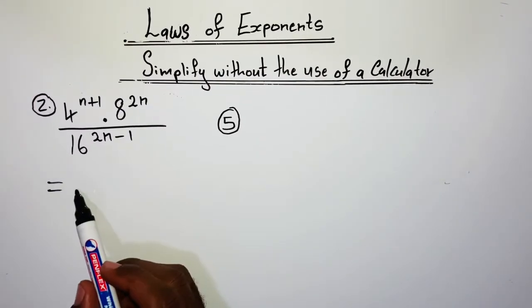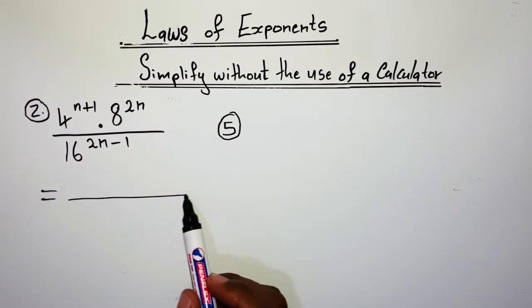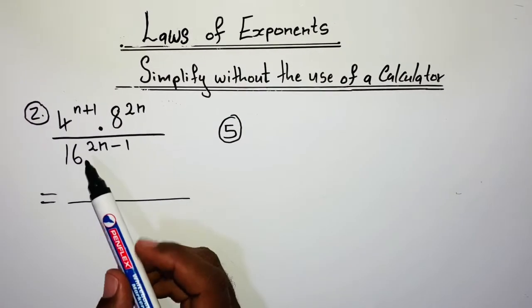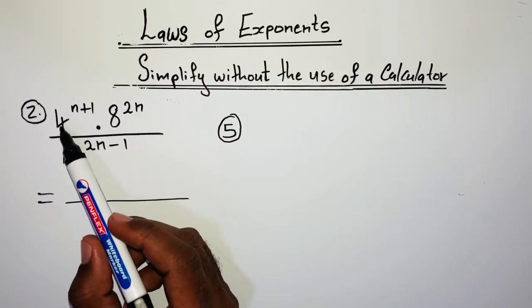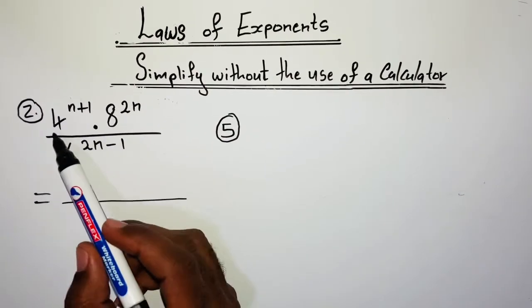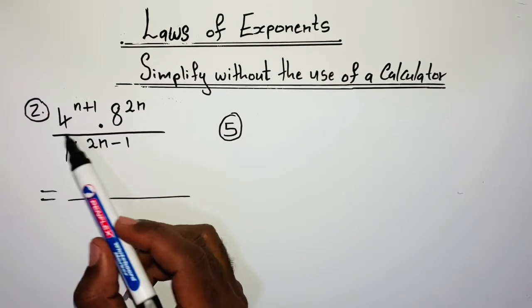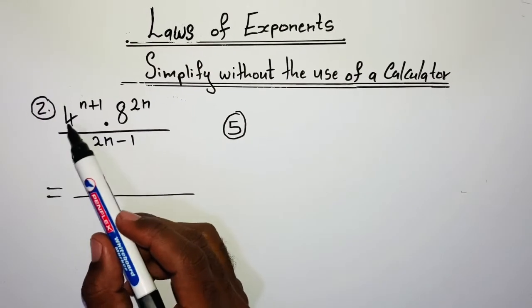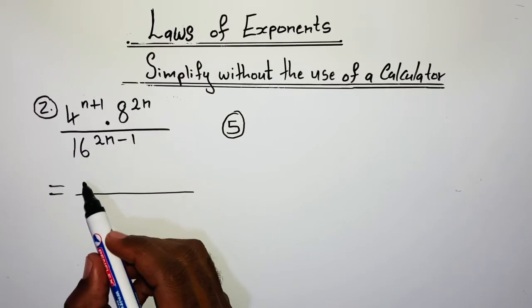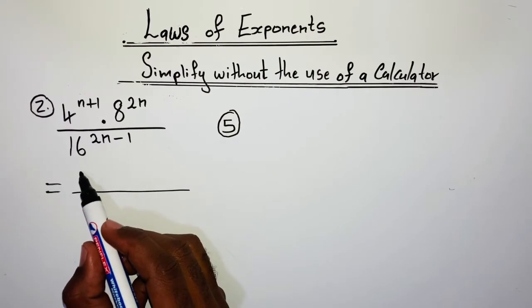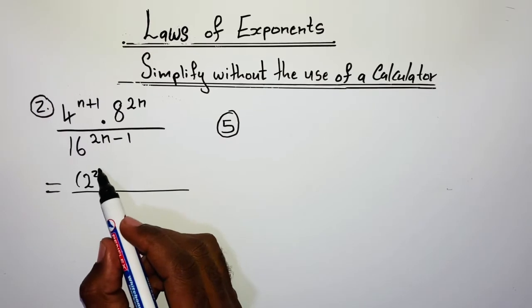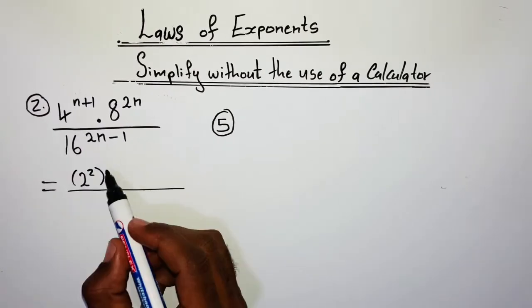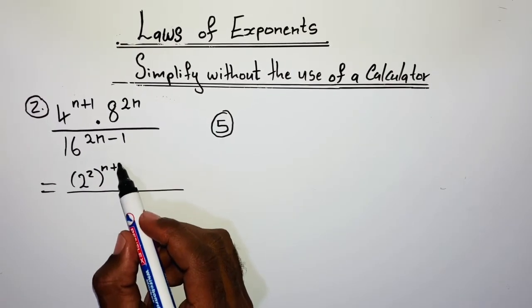So for this given sum, we can express all of these given bases as base 2. So we can express 4 as 2 to the 2, which is 4, then to the n plus 1.